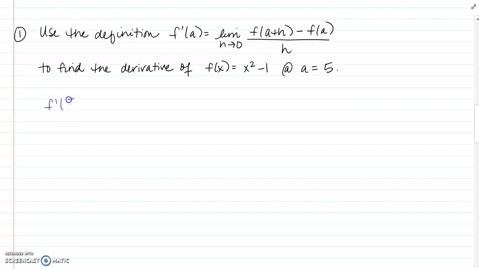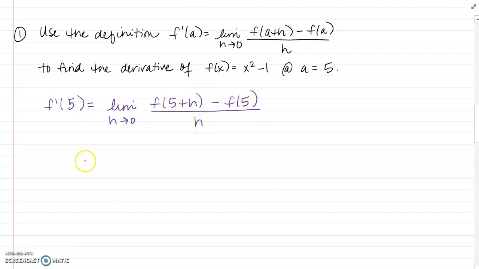So the derivative at 5 is equal to the limit as h goes to 0, f of 5 plus h minus f of 5 all over h. And now you work through the algebra, knowing that this is your function that you're substituting in for. f of 5 is 24.